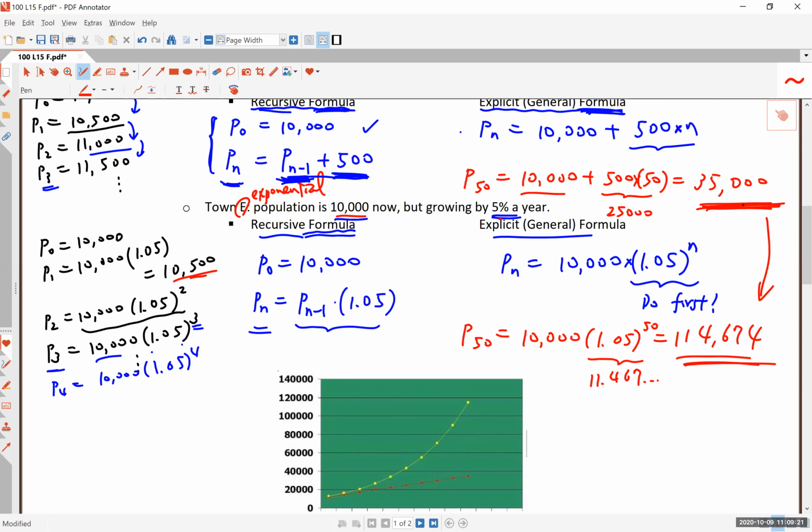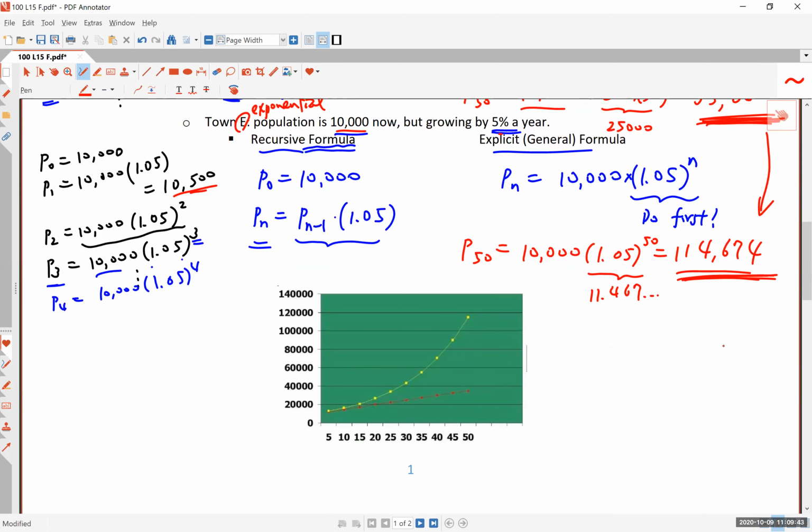Even the temperature worldwide seems to be growing exponentially. And that is very serious, right? If you think about this. All right, so instead of 35,000, you get more than triple the amount after 50 years. You'll end up with 114,000 people in this town E as opposed to town L.